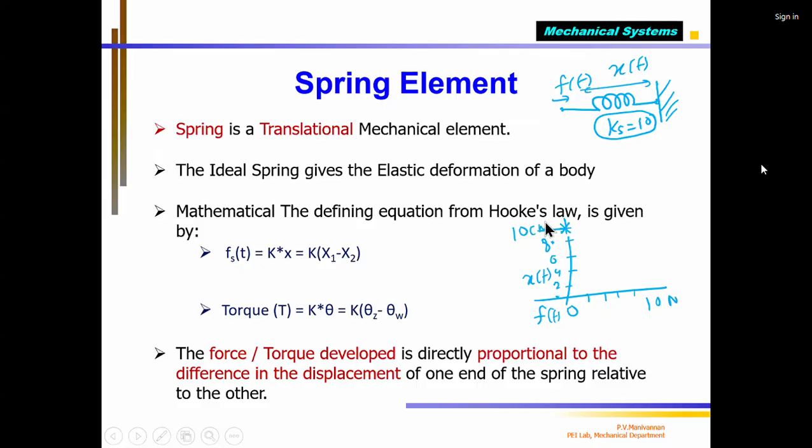When the force was 0, the length was this. When I applied, for example, 2 Newton, 4, 6, 8, 10: when I apply 2, the length reduces to 8. That means delta x equals 2 centimeter. Now I increase the force to 4 Newton, the length becomes 6 centimeter. Like that, I can plot.